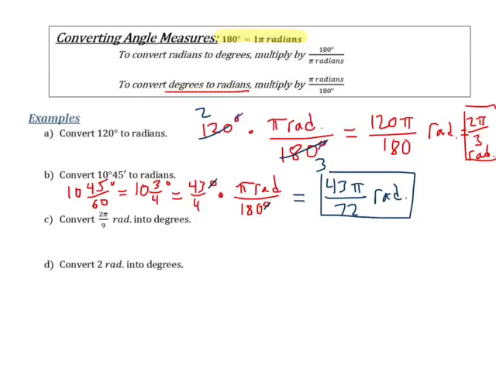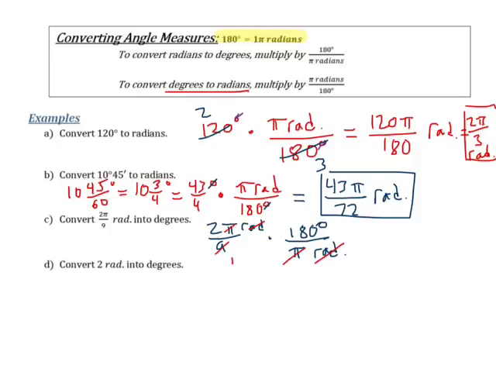All right, converting the other way now, we have 2 pi over 9 radians. You might want to think about the radians as up top in this fraction, because now we're going to multiply by 180 degrees over pi radians. And again, these units will cancel because we have radians up top and radians on bottom. And what else will cancel? We've got this pi and this pi will cancel.